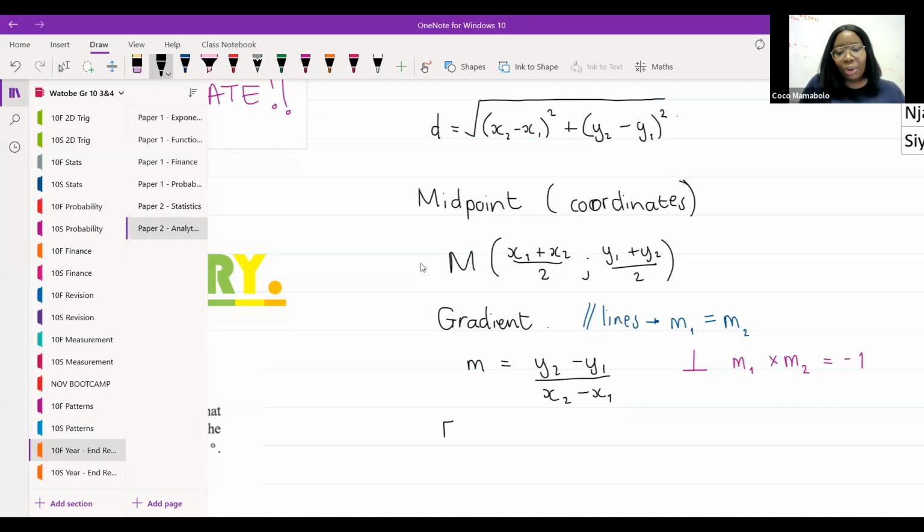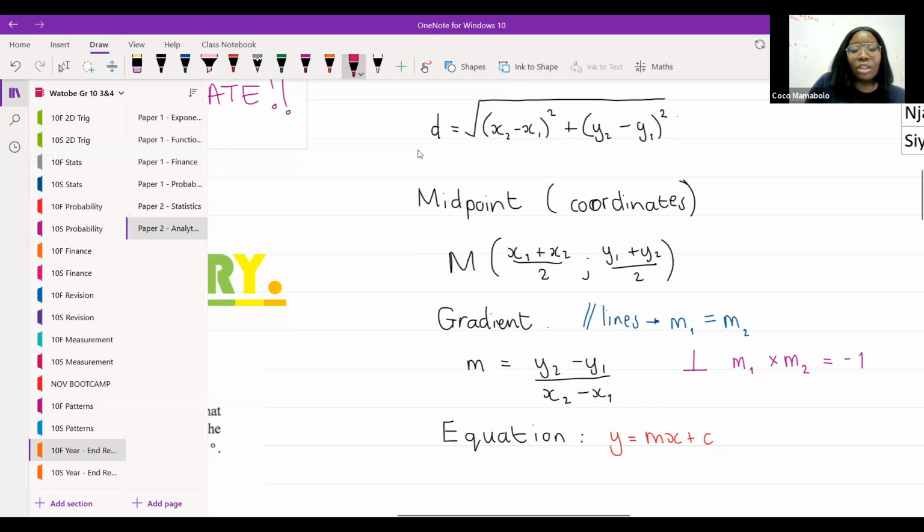The last thing we're going to look at is the equation of a straight line. We are already familiar with it. We all know that the equation of a straight line is y is equal to mx plus c, and you're more than welcome to use this formula.